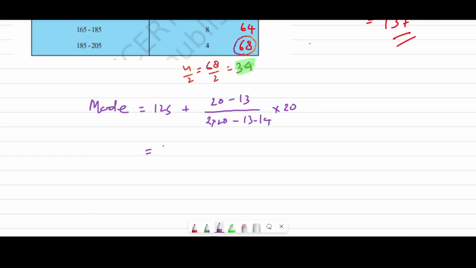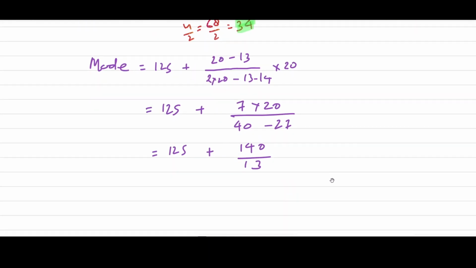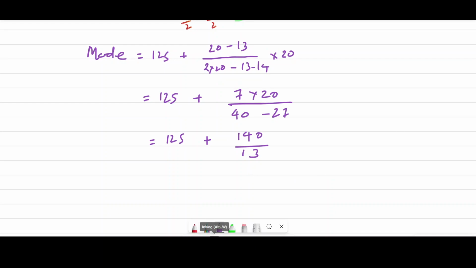Now 125, 20 minus 13, that is 7. 7 into 20, here 40 minus 13, minus 14, is 13. Now 125 plus 140 by 13.